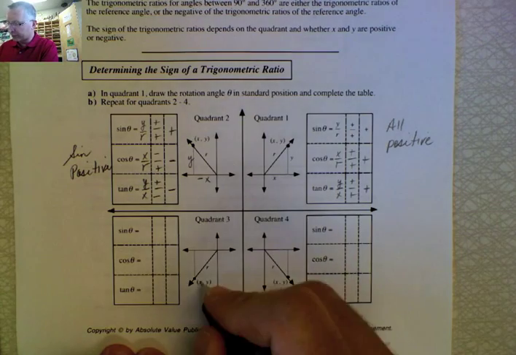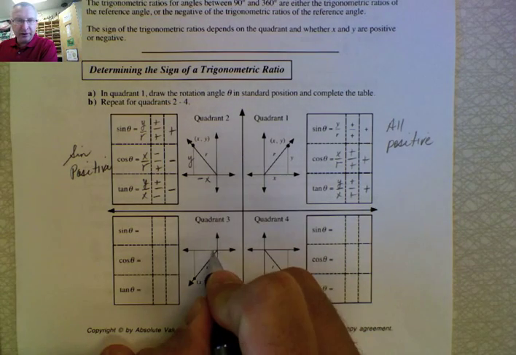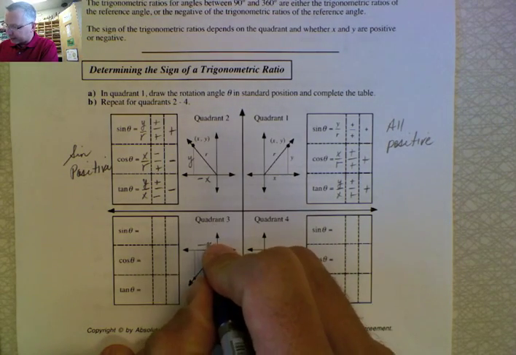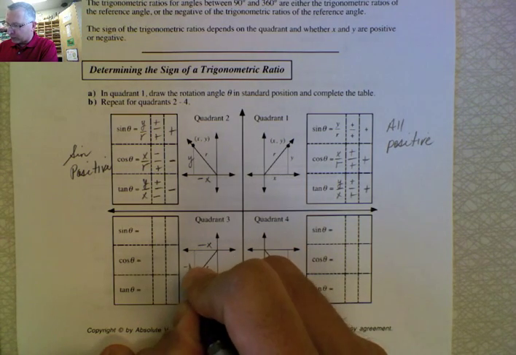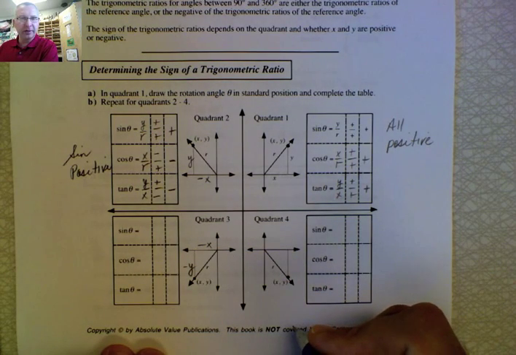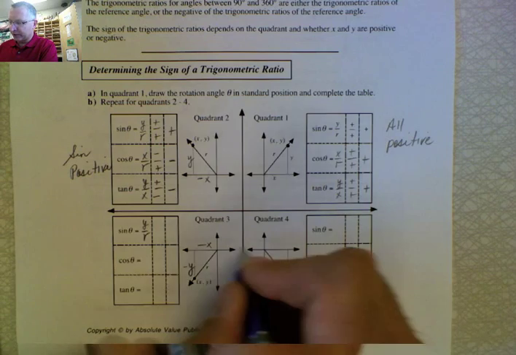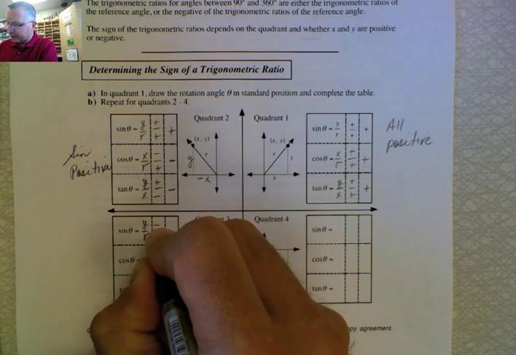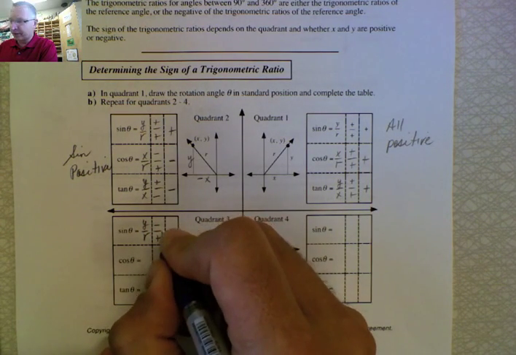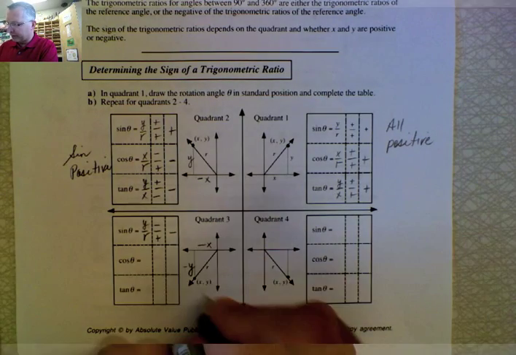If we go to quadrant 3, we're again going to go along the negative x-axis, and now we're going down, so y is going to be negative also. You're going down the negative y-axis. So if we do y over r in this situation, y is negative, r is positive, so a negative over a positive is a negative.